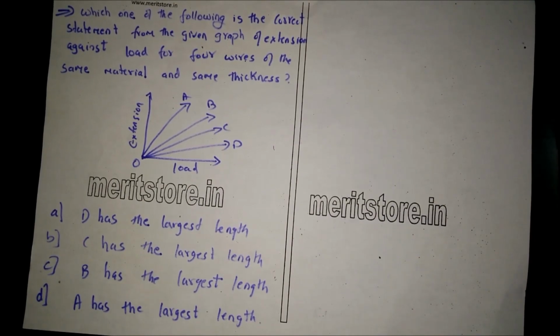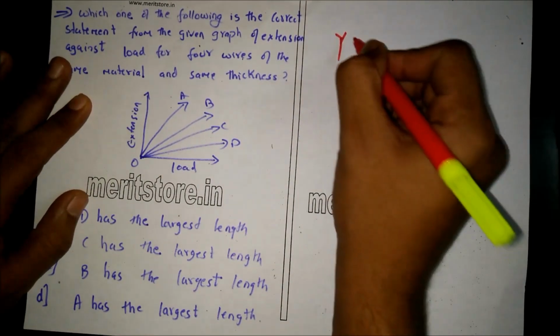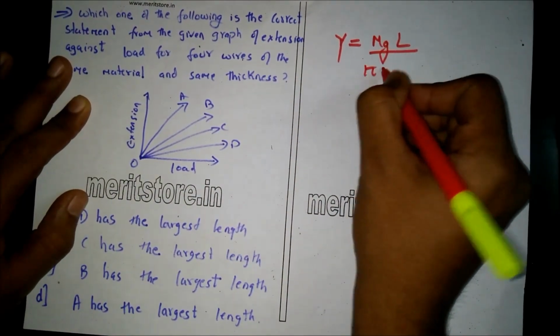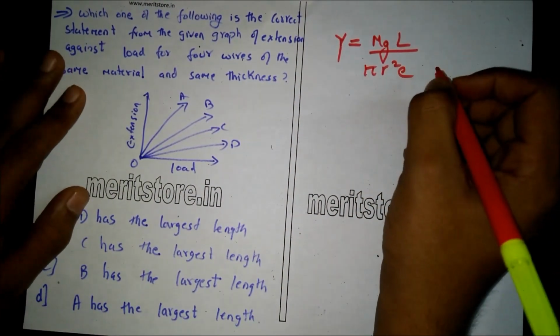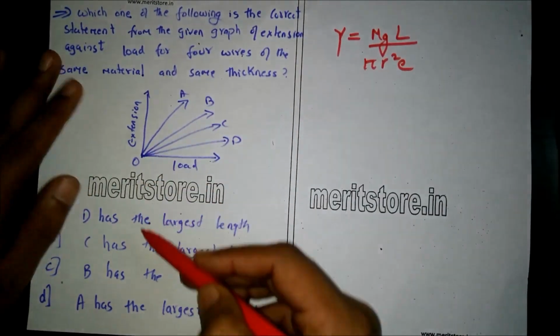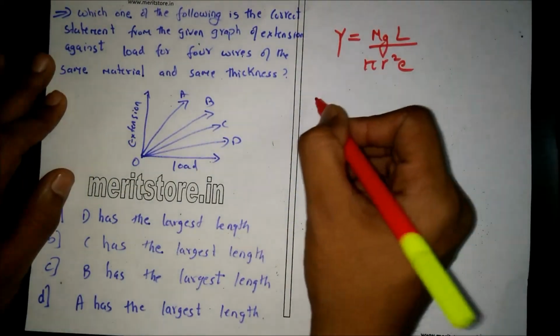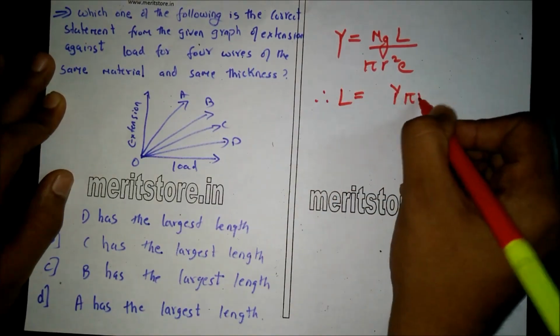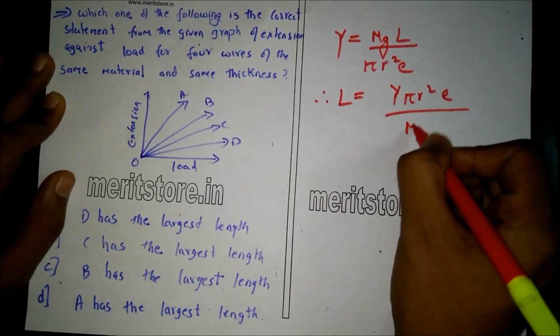Now we know that Young's modulus Y is given by mgl upon pi r square E. Since the answer is associated with length, we'll take length on the left side. So L is equal to Y into pi r square E upon mg.